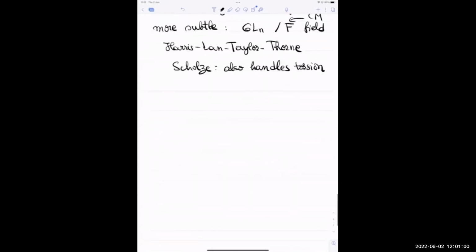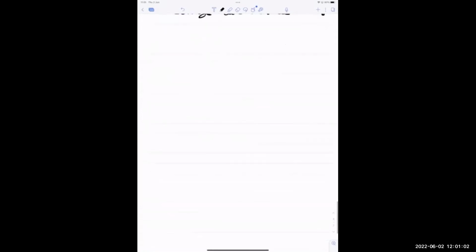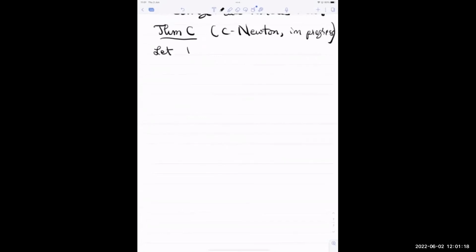And so let me tell you what result we have for now. So this is joint work with James Newton, as I mentioned. So let F be imaginary quadratic, and E an elliptic curve over F. And we're going to assume that it's non-CM.